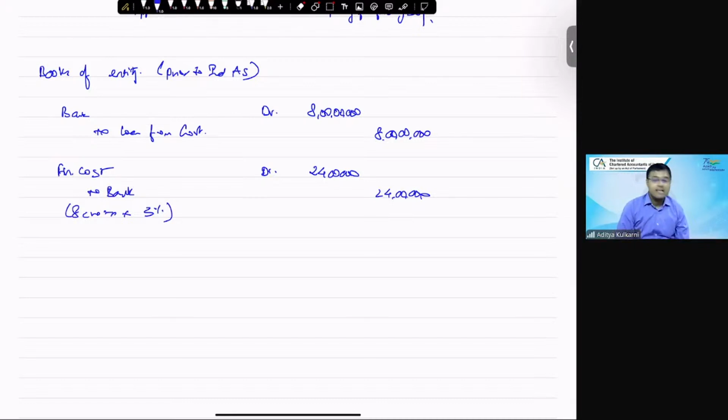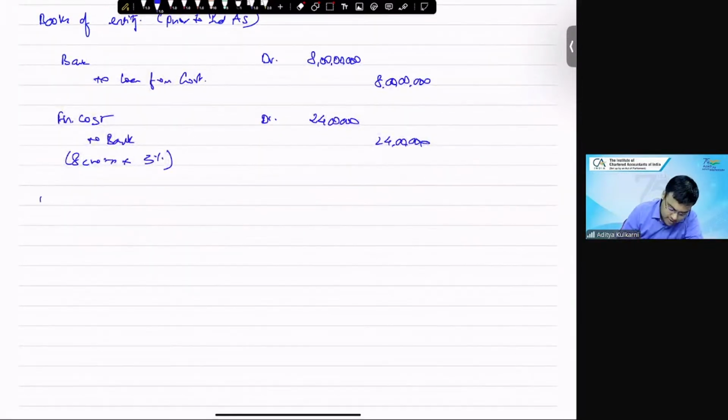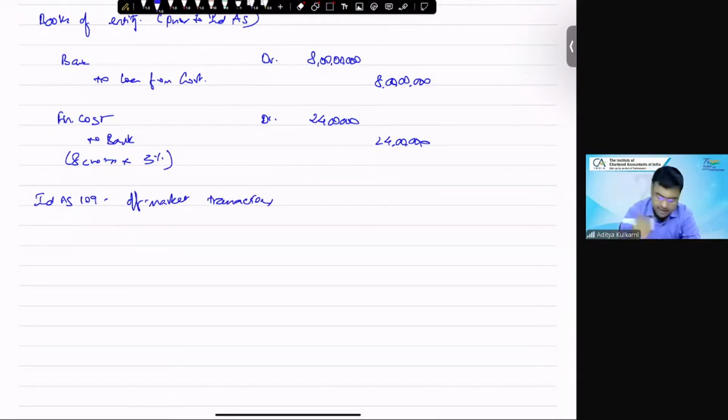So typically in financial instrument terms, in terms of Ind AS 109, these are off-market transactions. Market rate is 12. You are giving the loan at 3%. These are what we call off-market transactions.